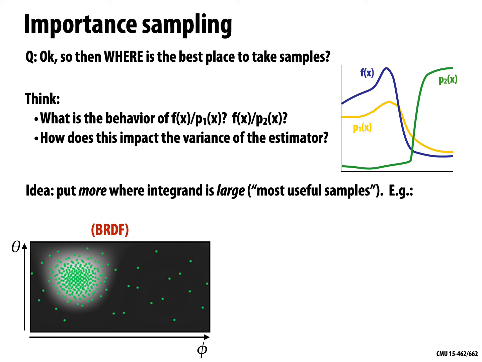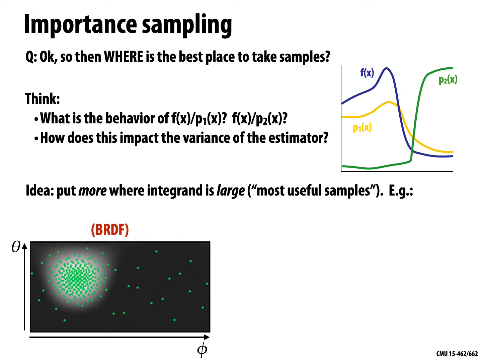And if we parameterize that function in terms of, let's say, the outgoing angles, phi and theta, then for a lot of materials, it's going to be bigger in some places than others. Here, for instance, this is maybe a glossy material where most of the light is reflected in some particular direction. Okay?